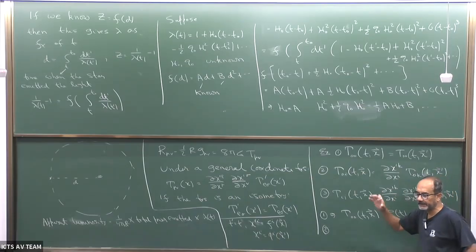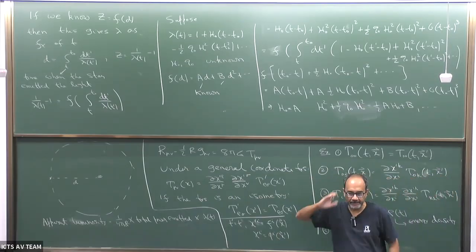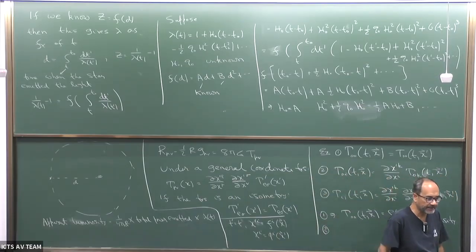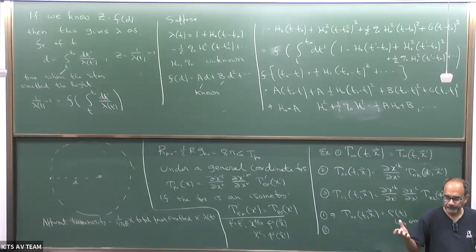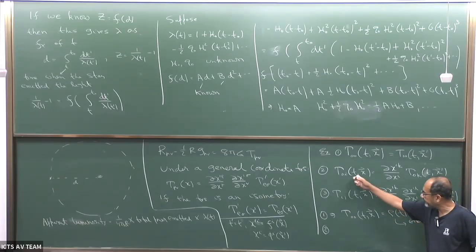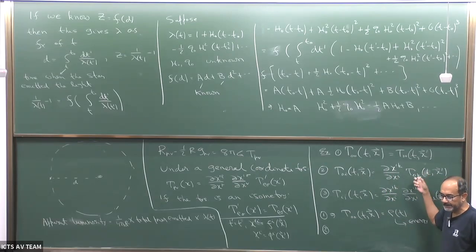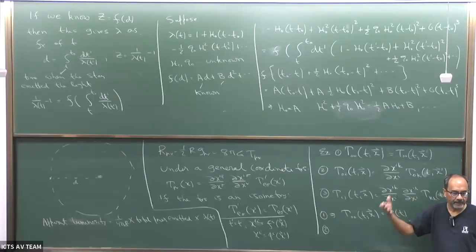Imagine that there is a vector field in 3 dimensions. Forget about time, we are working at a fixed time slice. How does the vector field transform under a general 3-dimensional coordinate transformation? It transforms as this times T prime 0k of T x prime. And so this is saying that T prime 0k is the same as T0k. That's the extra condition you are putting, because it's an isometry.